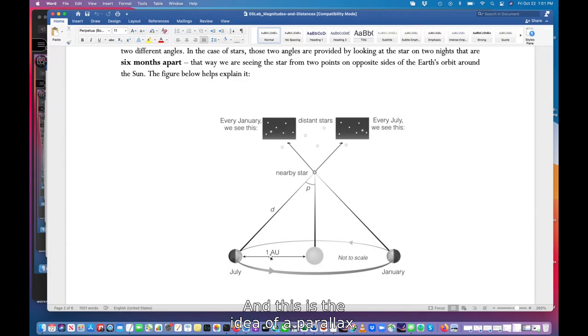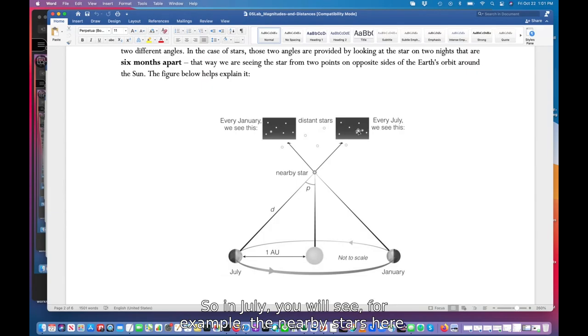And this is the idea of a parallax, and that is if the Earth is orbiting around the sun, okay? And so 6 months apart will give you the best two different positions for observing the apparent shift of a nearby star against the distant stars, okay?